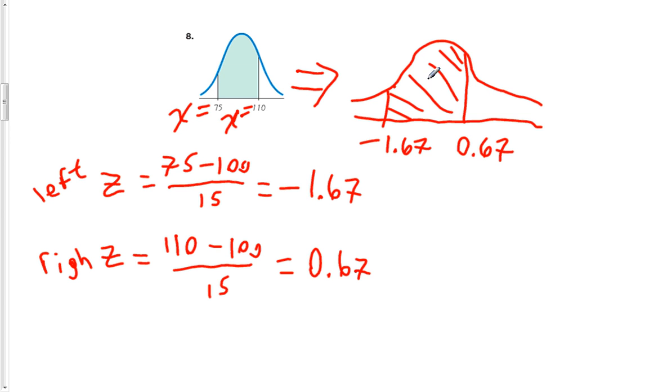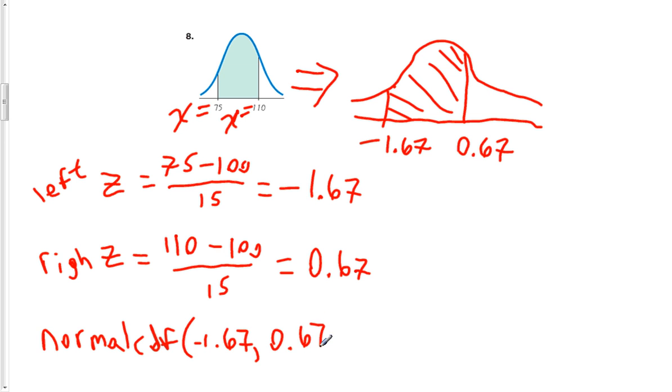So all we have to do is find this area, and in order to do that, we're going to do, once again, normal CDF. We're going to put in the left z, which is negative 1.67. We're going to put a comma, and then we're going to put in the right z, which is 0.67. And this is the function that we're going to put into our TI. And it's going to give us the area corresponding to the area between 75 and 100.